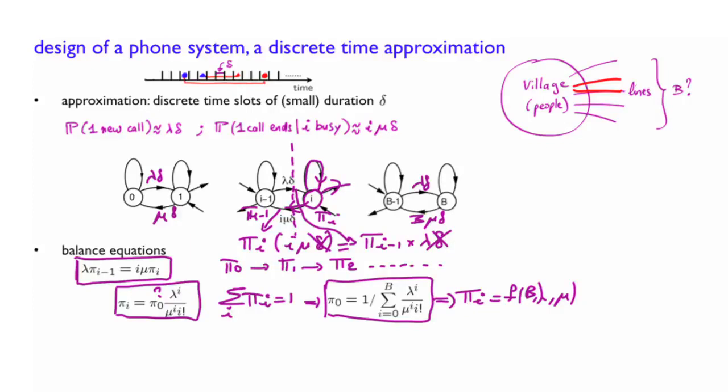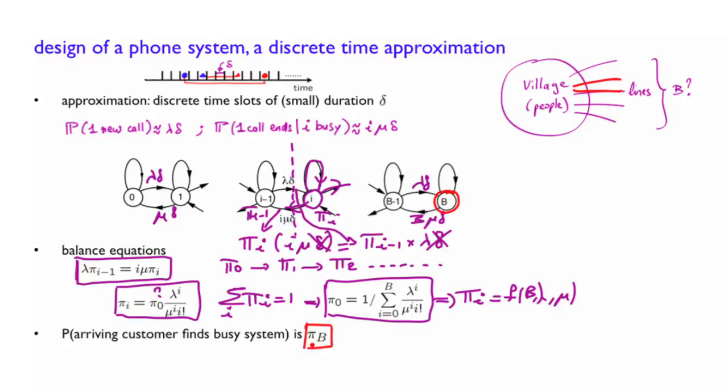Now, we were initially interested in the probability that the entire system is busy at any point in time. In other words, in that state here. So if a new phone call gets placed, it is going to find the system in a random state. That random state is described in steady state by the probabilities pi i. And the probability that the entire system is busy is going to be given by pi of b.